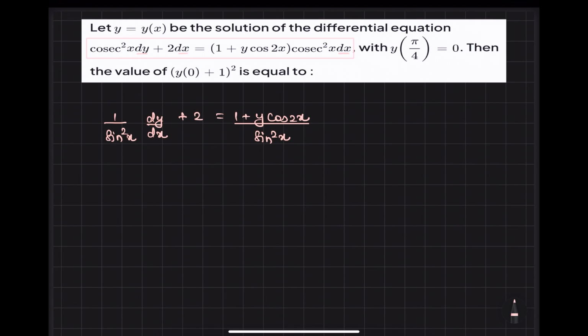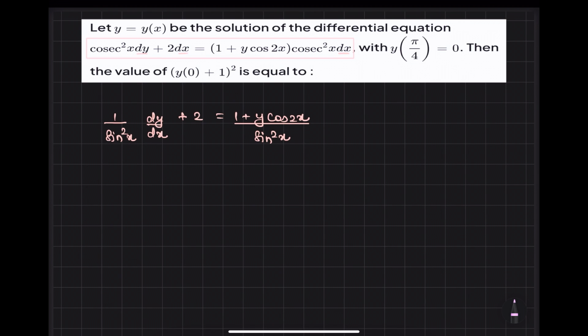Now let's try to simplify this differential equation. I feel that we should go with the first filter, that is the variable separable method. Can you segregate x and y? Can you write all x together and all y together? No, you cannot.